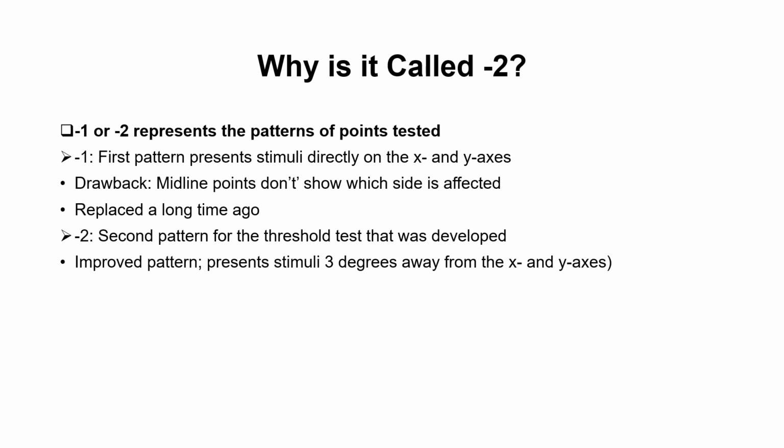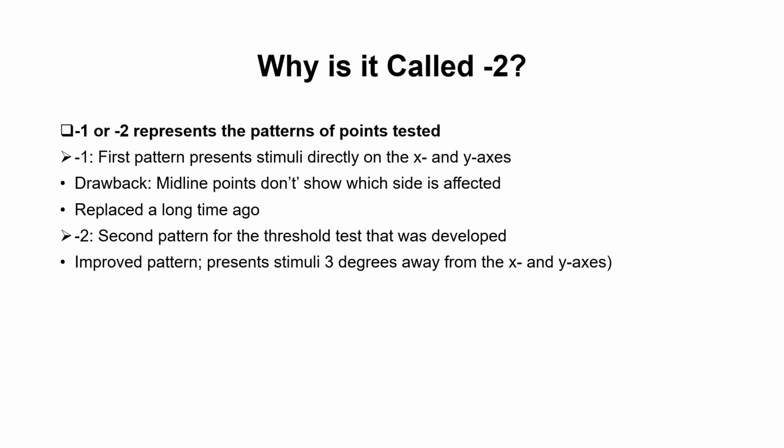So now, why is it called dash 2? As I said previously, I will explain every detail in this printout to be fully understandable by you. So dash 1 or dash 2 represents the patterns, the way these points are tested.